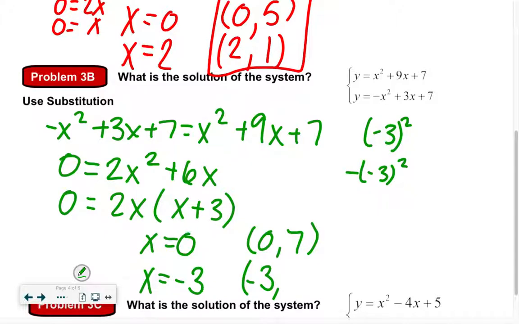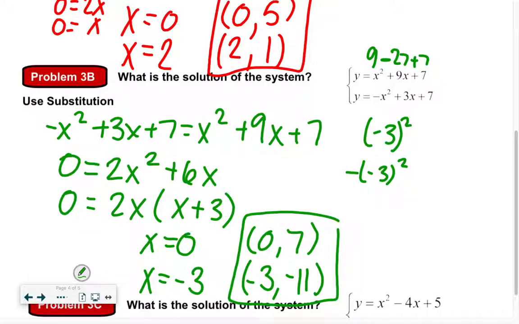So this one is the top one. So -3 squared, I get a 9 here, minus, what's 9 times 3? Don't forget I have a negative, plus 7 gives me how much? -11, yep. And you should get the same thing if you plug it into that bottom one too.